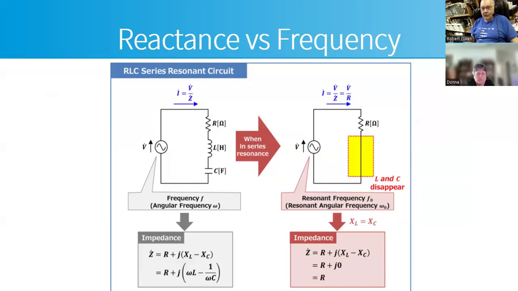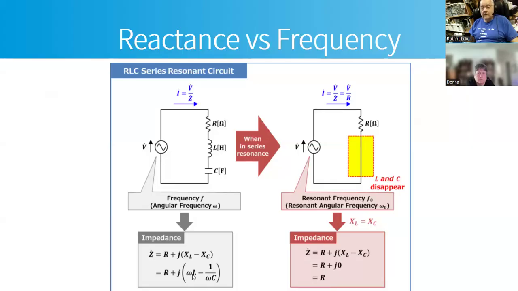We're not going to go into the weeds too much on this. It's just we represent it as at 90 degrees or orthogonal to the real axis. So this is essentially an imaginary number in that it can't do any work or create heat.